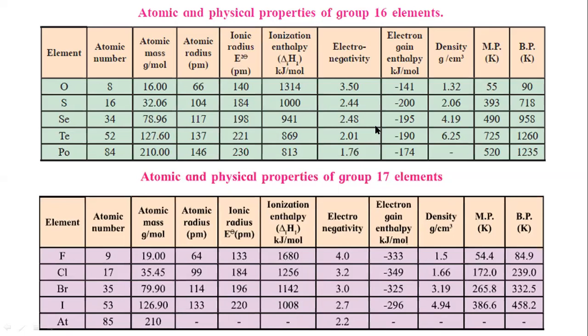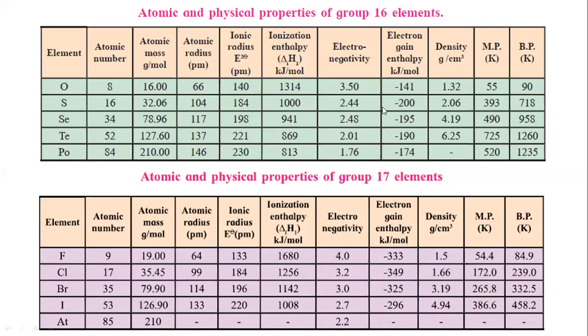These tables are only for understanding the trends: how the atomic number increases, how the atomic mass increases, how the atomic radius and ionic radius increase, how the ionization values decrease, and how electronegativity, highest for oxygen, also decreases. No value will be asked in the examination. These tables are actually deleted, non-evaluative.